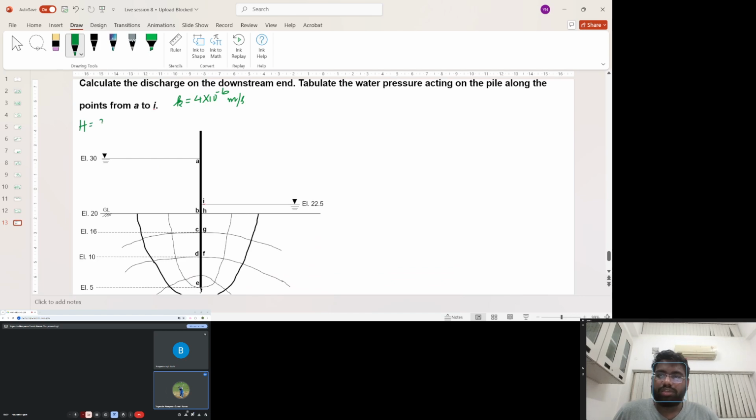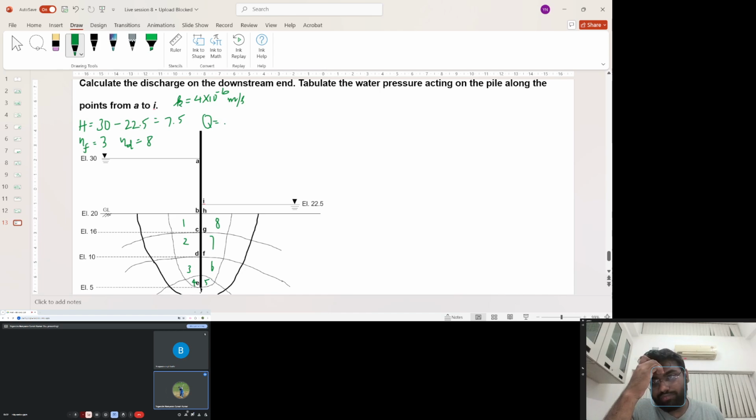Head difference is 30 minus 22.5, which gives us 7.5. So next is NF, number of flow channels, will be 3. And number of equipotential drops is 1, 2, 3, 4, 5, 6, 7, and 8. This is 8.